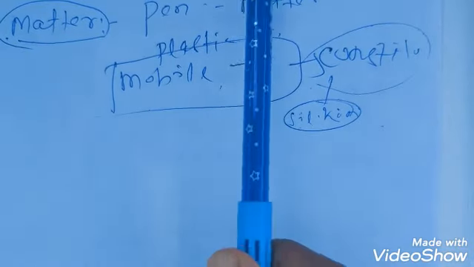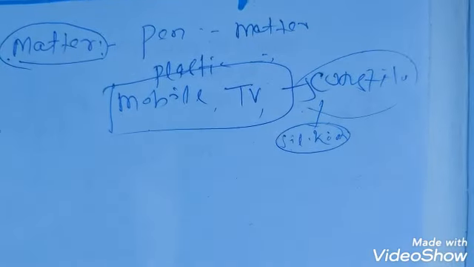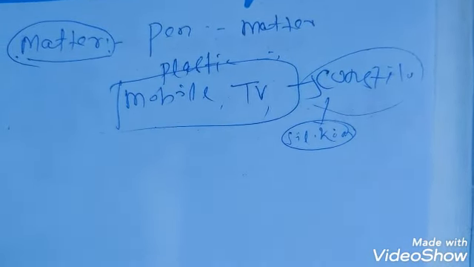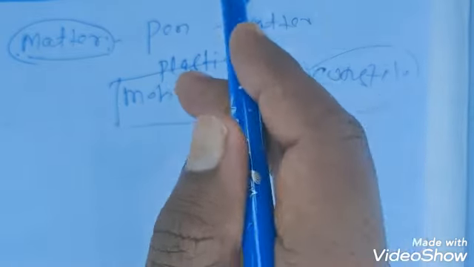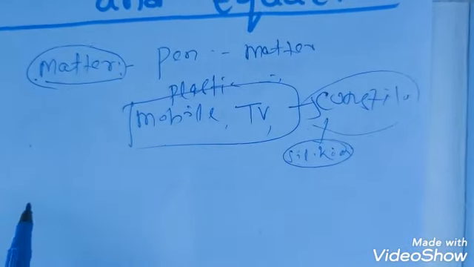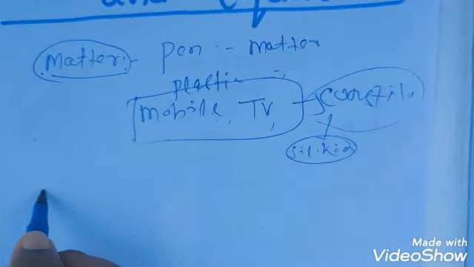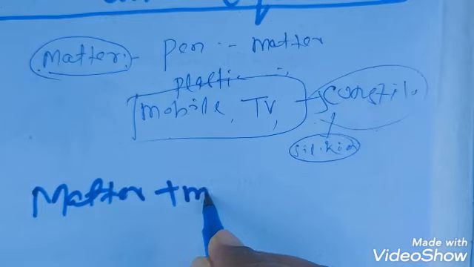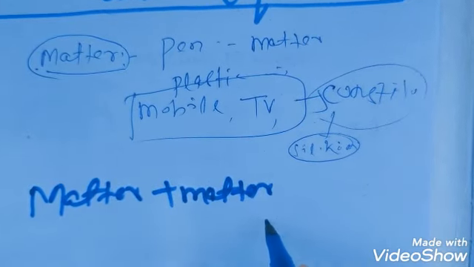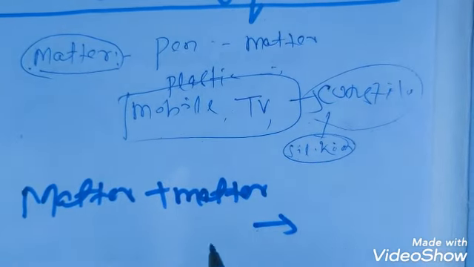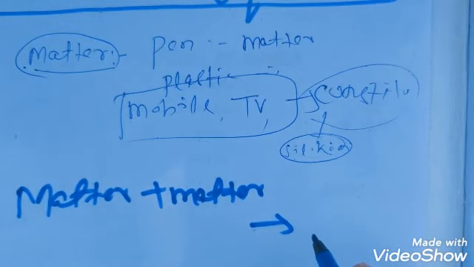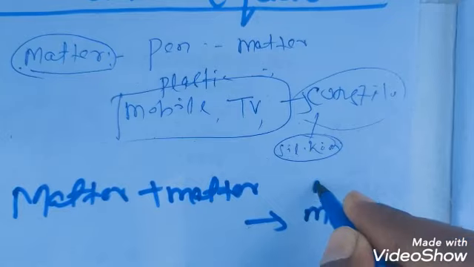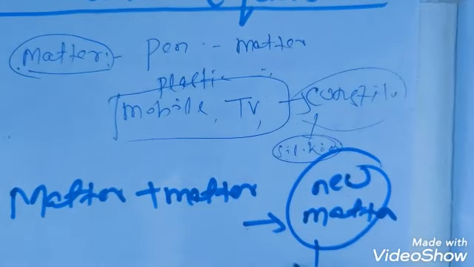Let's know what a reaction is. According to Newton's third law of motion, every action has an equal and opposite reaction. Like that, what is a reaction? A reaction is a mixture of two substances. If we add a matter with a matter, then the matter will be completely changed and converted into new matters. Those are called products.